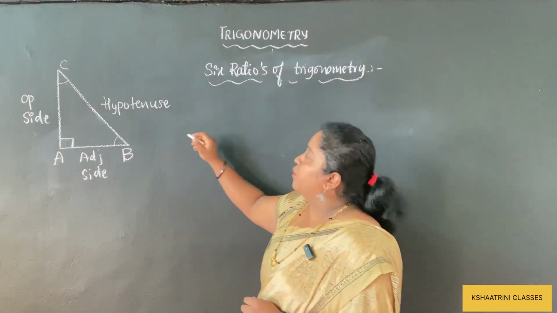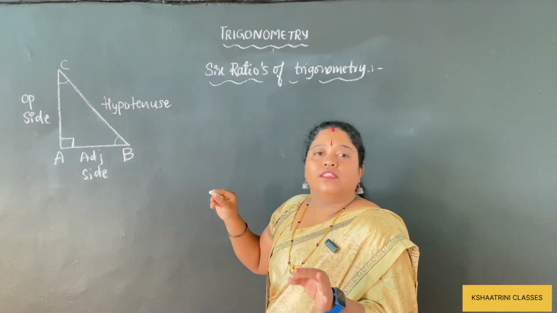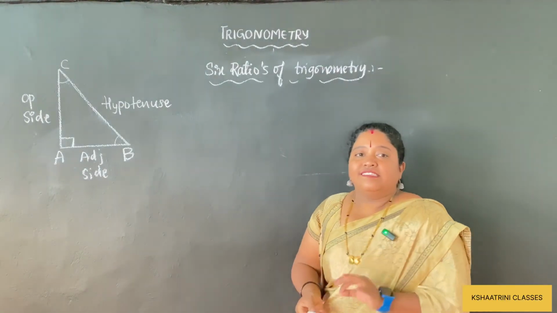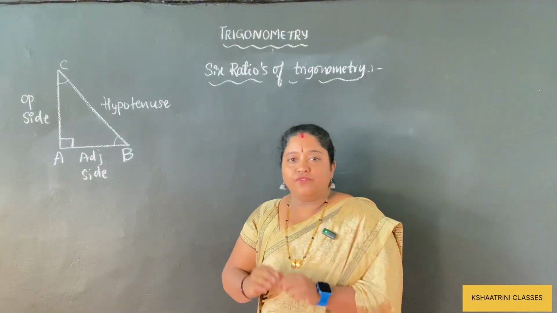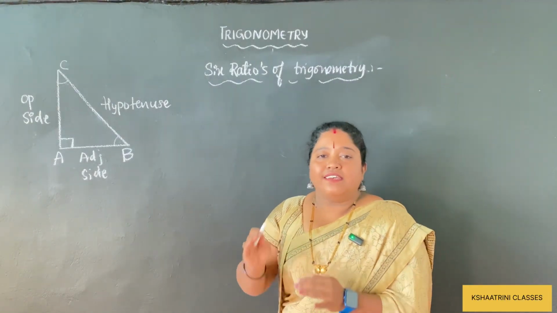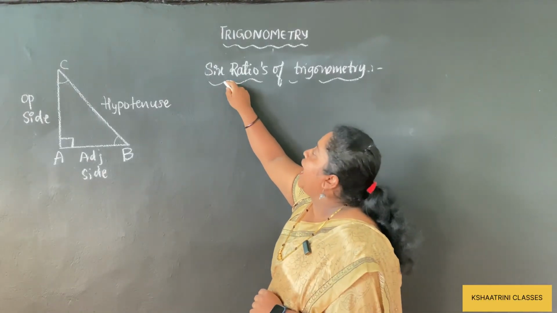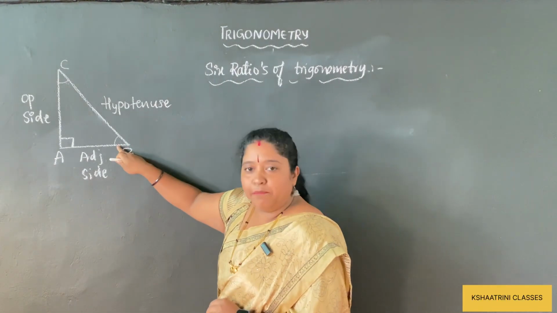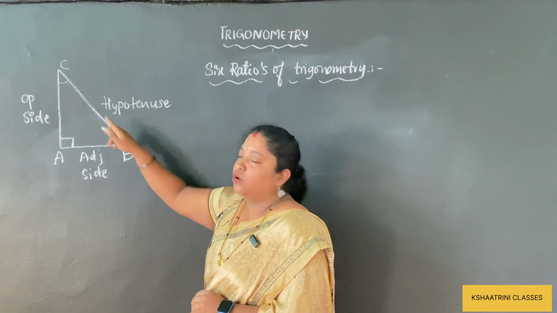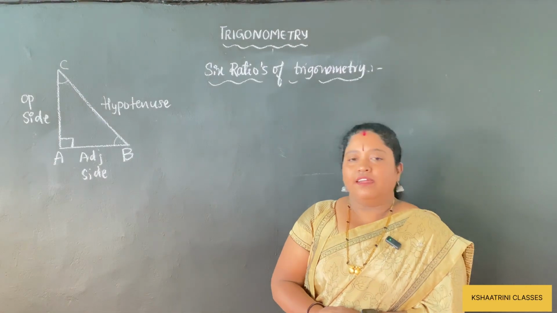As I already told you, trigonometry is the relation between the sides and the angle. So we have ratios which give the connection between the sides and the angles. With respect to trigonometry, we have 6 ratios, which you can write with respect to the acute angles present in the right angled triangle.